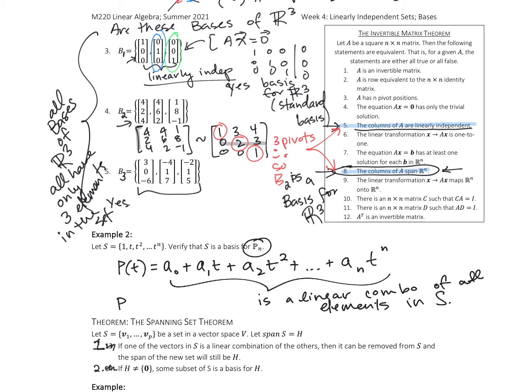So if I can show that P of t equals 0 for only the 0 vector, which is true, right? My polynomial is only going to be the 0 polynomial as long as all of these constants are 0. And there's no other option for that, right? Otherwise, I'm going to have a t in there somewhere if there's any number in any of those constants. So that tells me that all of these things are linearly independent.